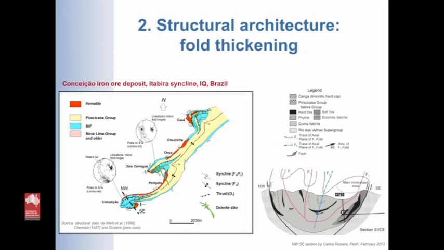And this section through here is showing a fold interference geometry of this area here being the BIF. So perfect. We can duplicate the primary thickness by folding and also by structural dislocation, potentially.